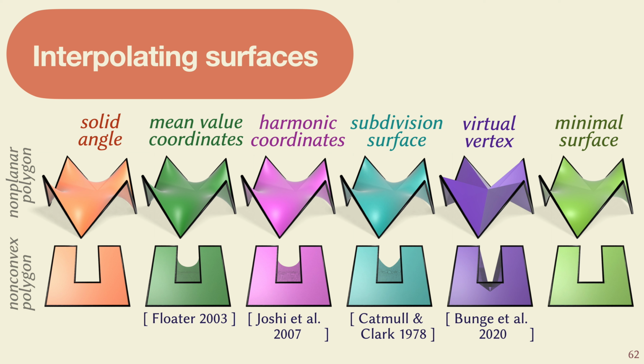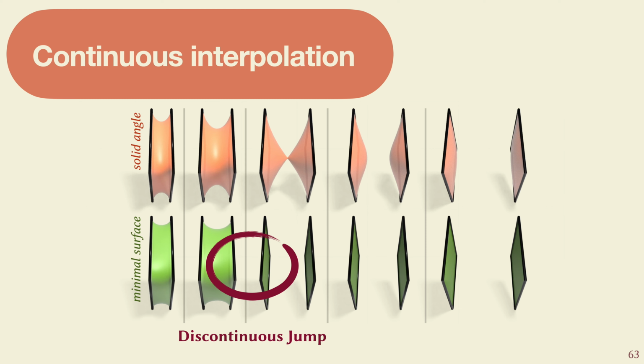The only alternative shown here which doesn't suffer from these overlaps is using minimal surfaces for the boundary loops, but minimal surfaces have their own problems. It's well known that the minimal surface spanning some given boundary can jump discontinuously even when changing the boundary continuously. By contrast, our solid angle surfaces vary continuously, although they must then pass through a non-manifold configuration in the middle here.